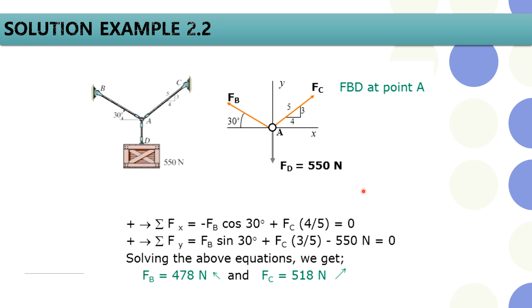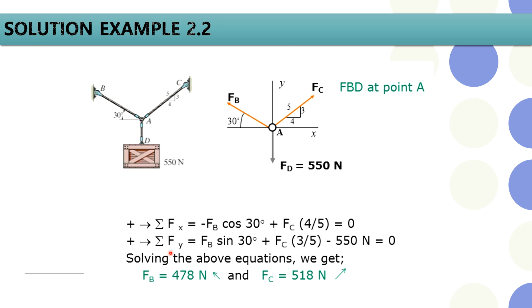So you then can write your X equation: negative FB cosine 30 degrees plus FC times 4 divided by 5 equals 0 for the equilibrium equation.